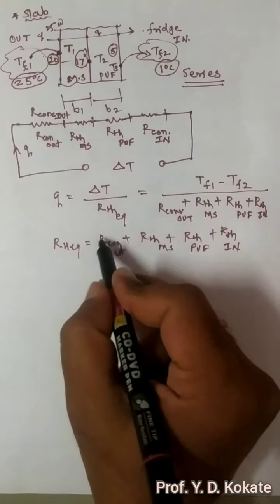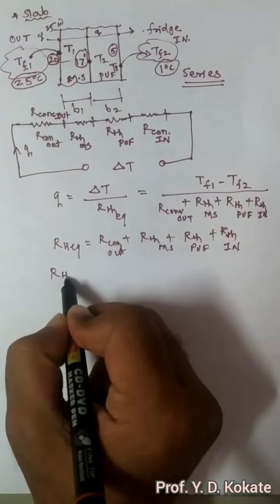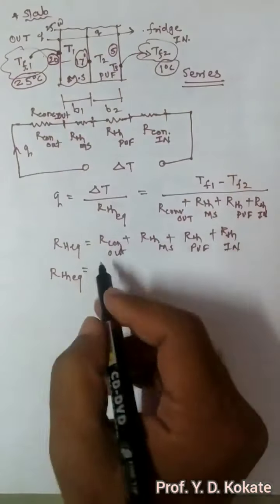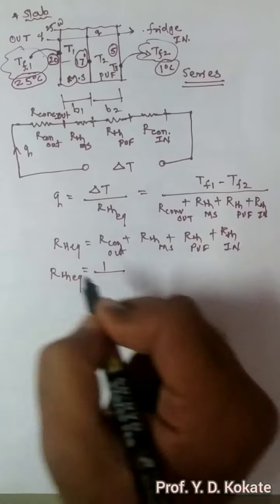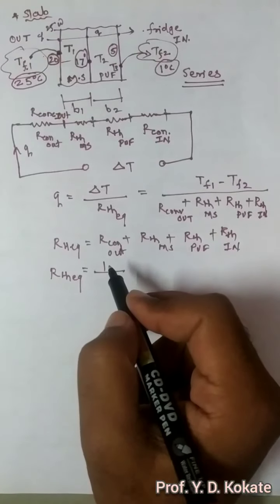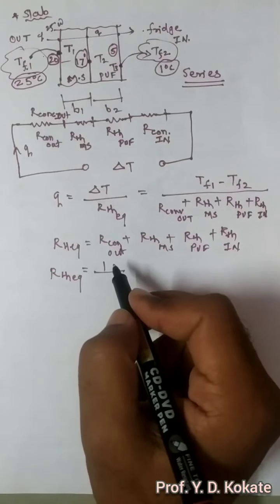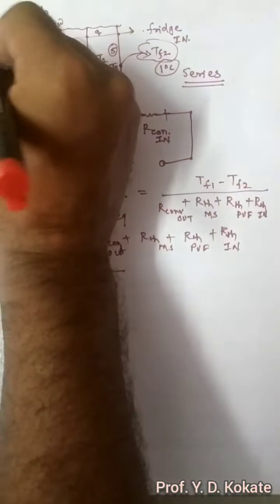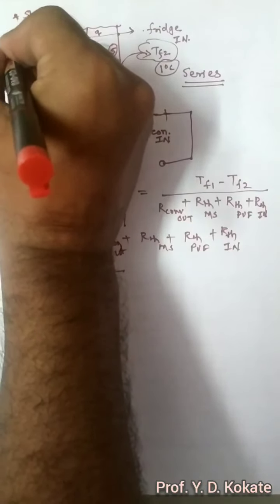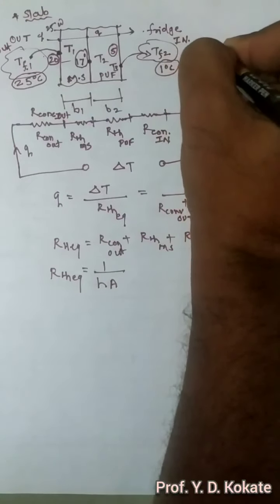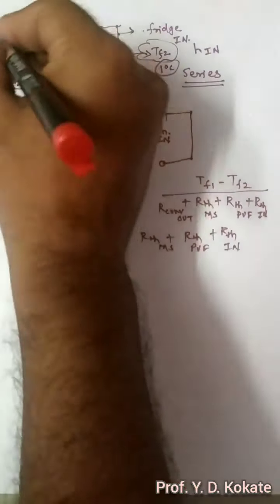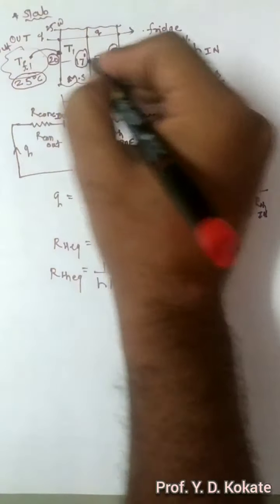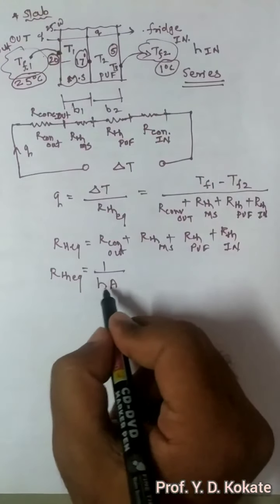Now how to find this RTH equivalent? RTH equivalent is equal to, how to write down the convection for inner and outer side, 1 upon HA, as already seen in the last video on how to find the thermal resistance for convection. But here H is the outer side convective heat transfer coefficient, and here there will be an H for the inner side convective, because the outer side and inner side atmosphere is different, so the convective heat transfer coefficients are different.